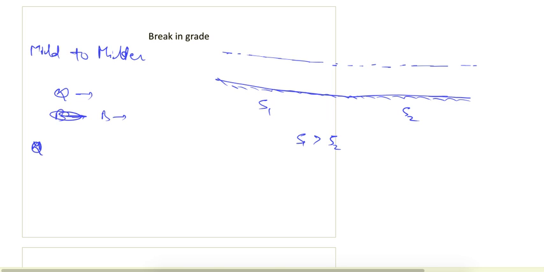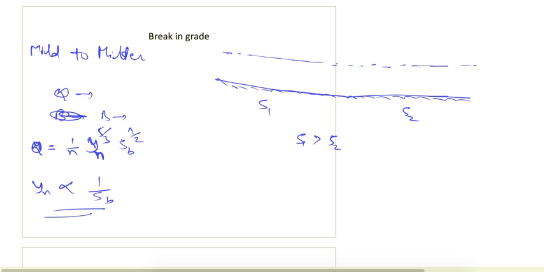In the Manning's equation also, we can see 1 by n, y to the power 5 by 3, S to the power 1 by 2. So if I'm considering this as yn and this is bed slope, here we can see yn is inversely proportional to the bed slope.